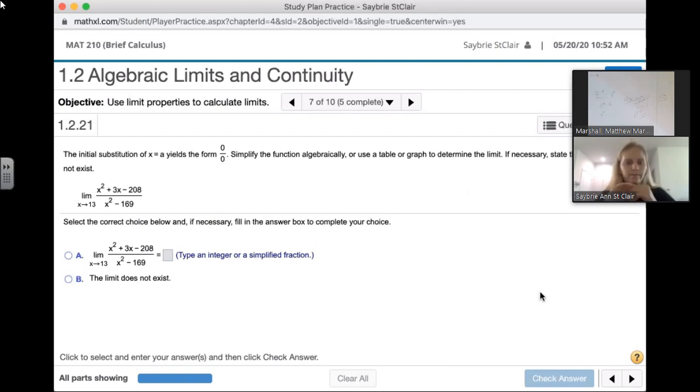So this one's a little bit harder, but you're going to have to factor top and bottom. So I think x squared plus 3x minus 208. I know that bottom part is x plus 13, x minus 13.